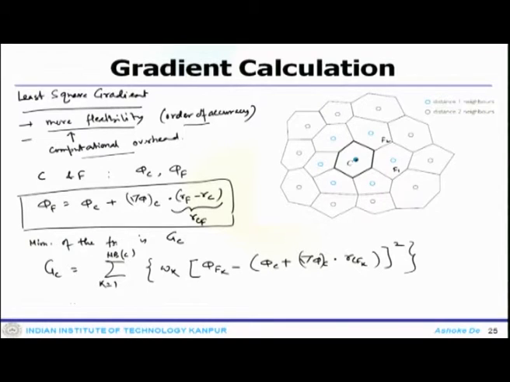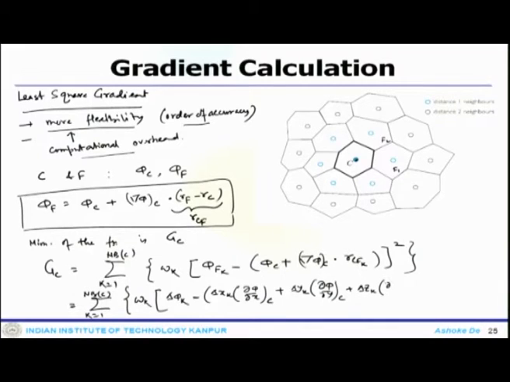Now, if I expand this one slightly more, I will get summation over k, I have this Wk, then I can write delta phi k minus delta x k del phi by del x at C. So that is one component, plus del y k del phi by del y at C plus del z k del phi by del z at C.